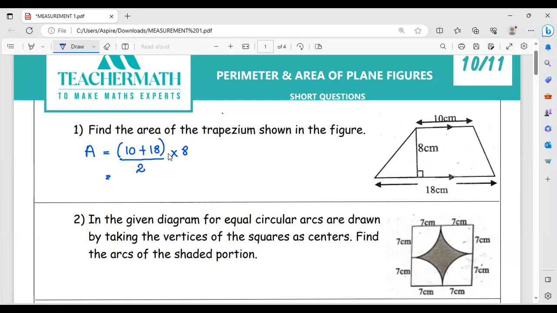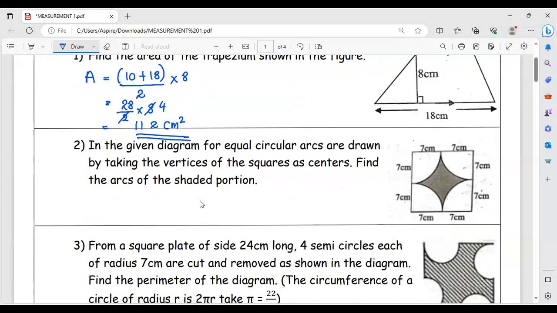Then 10 plus 18 is 28, divided by 2, times 8. 28 divided by 2 is 14. 14 times 8 is 112 square centimeters.